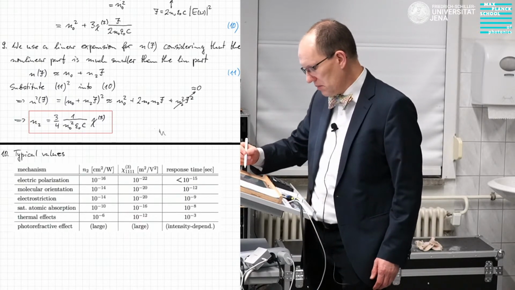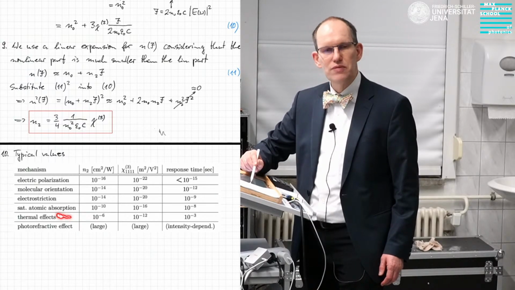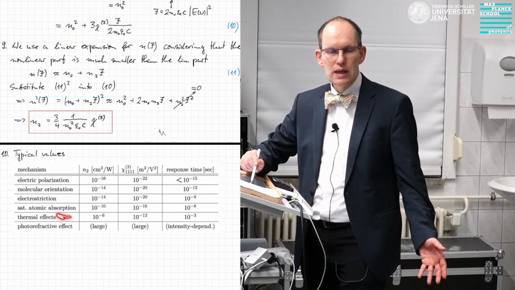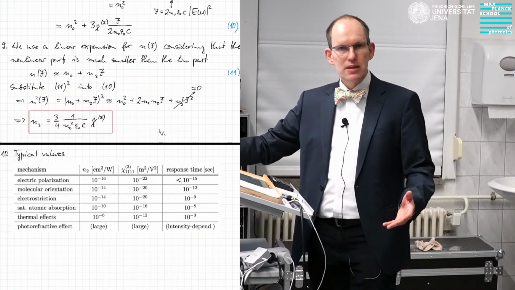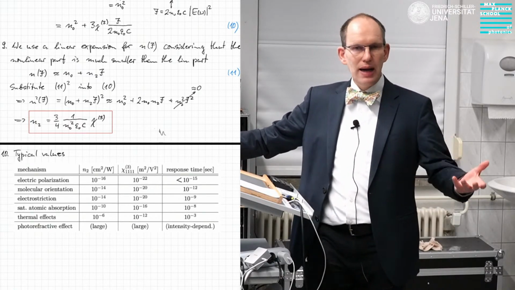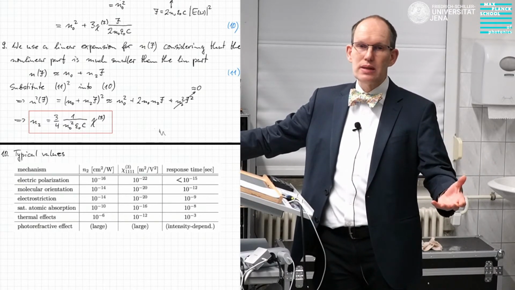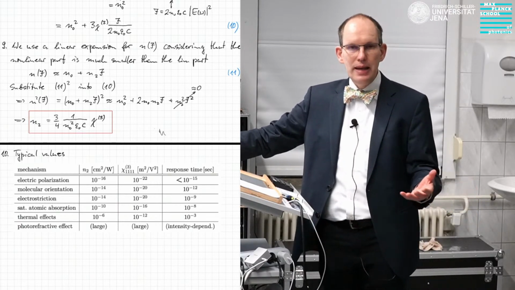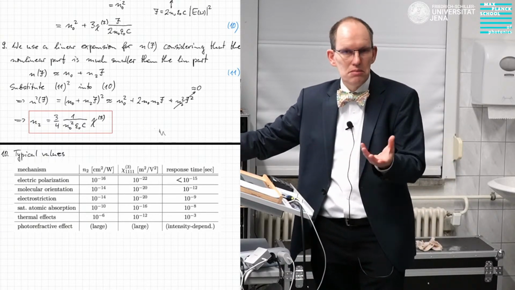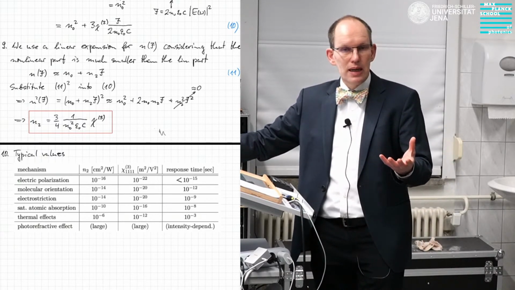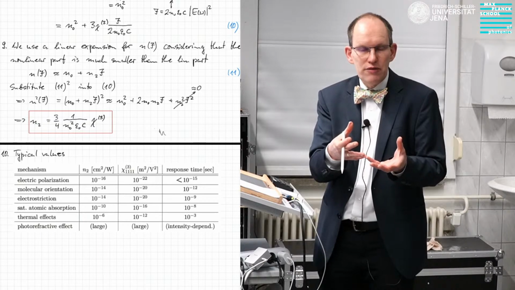And then there are other effects, perhaps. This one here is kind of interesting, important, but actually pretty nasty, I have to say. Namely, when you have a high power laser, high average power, say, then, of course, there's always some absorption in any material, and therefore this material gets warm, say a lens or nonlinear crystal, heats up, and therefore it thermally expands, and this changes the refractive index.